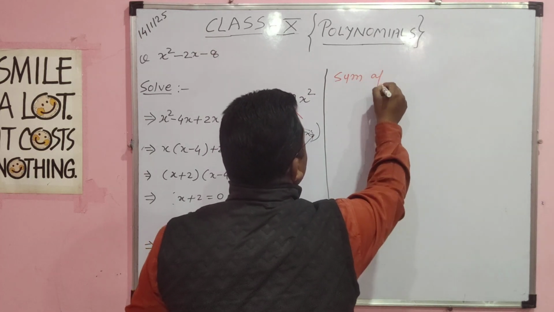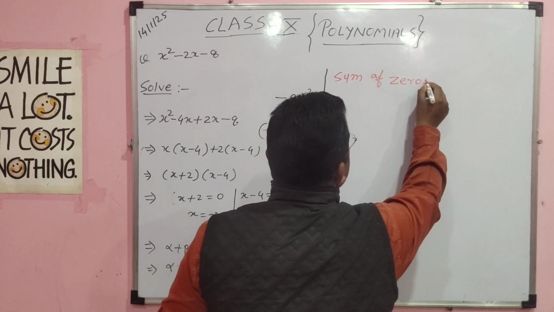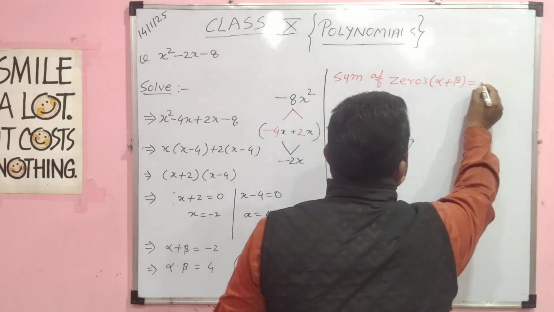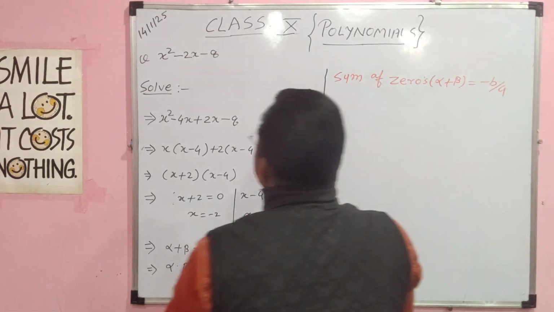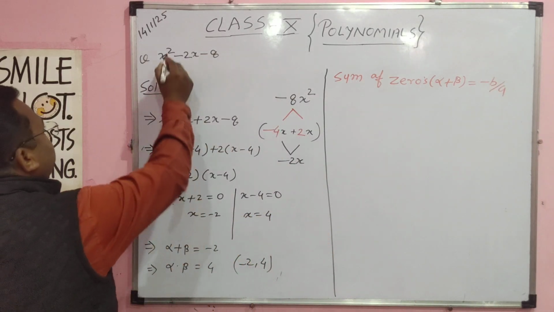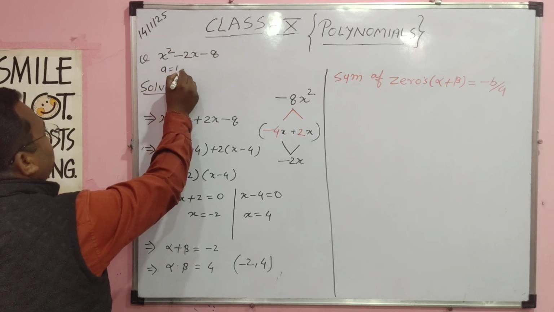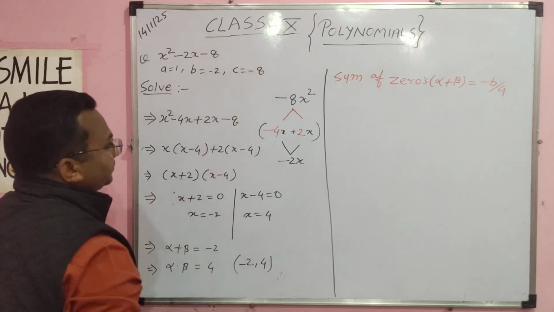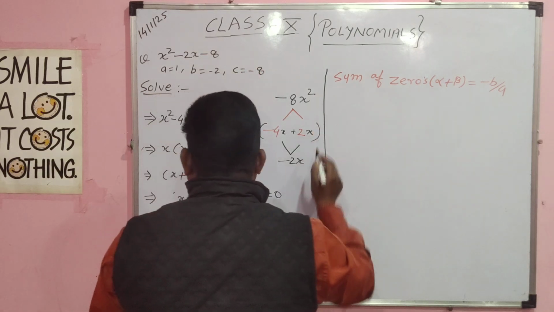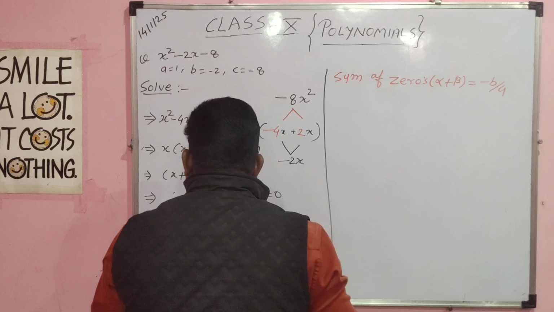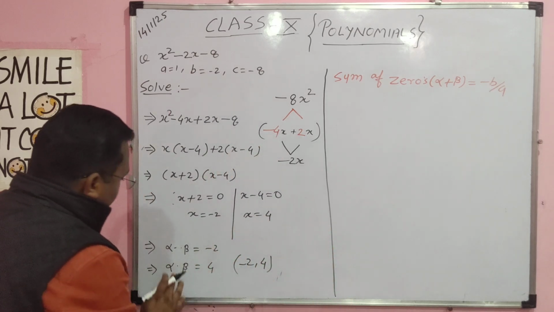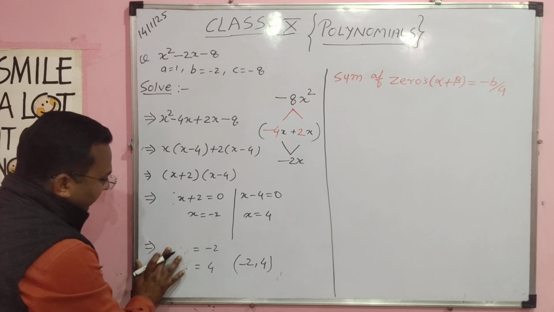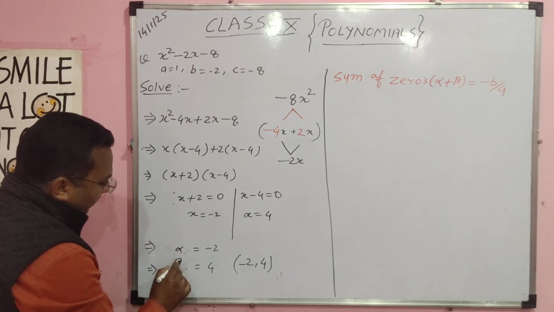Sum of zeros: alpha plus beta equal minus b upon a, and we have a equal 1, b equal minus 2 and c equal minus 8. Alpha plus beta means the values of alpha and beta, actual values that are alpha and beta, okay, not alpha plus beta. Clear?